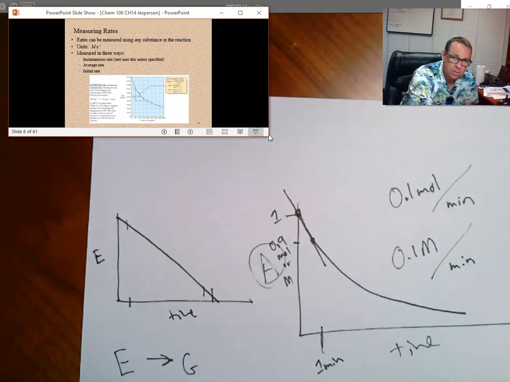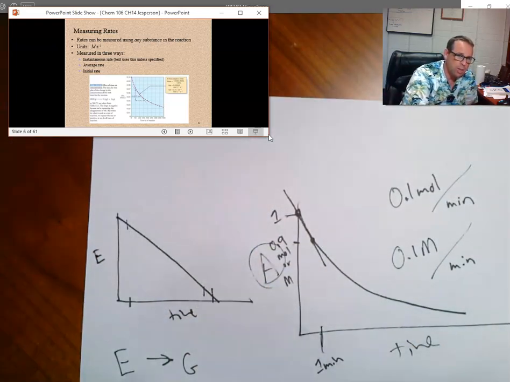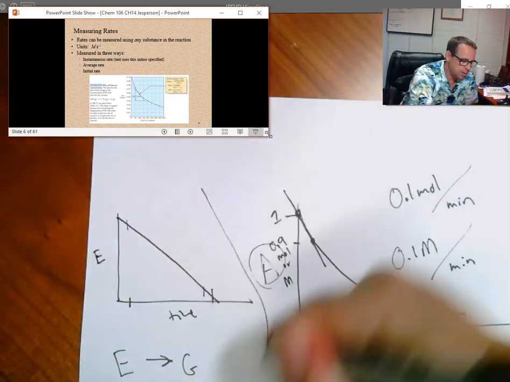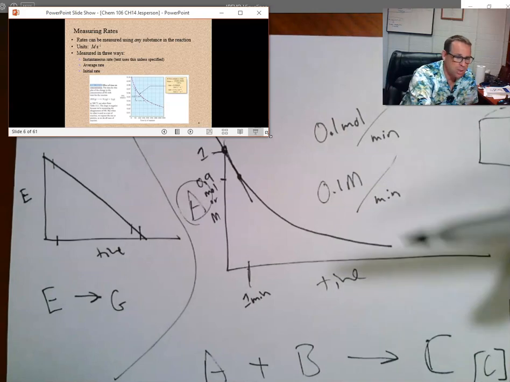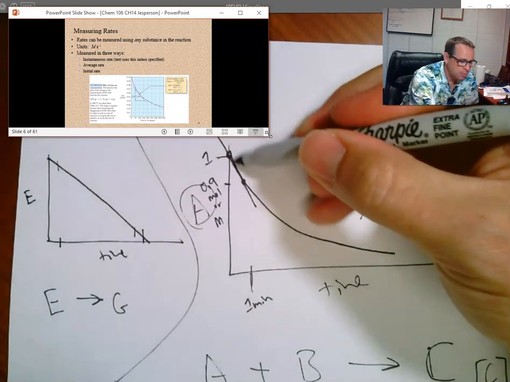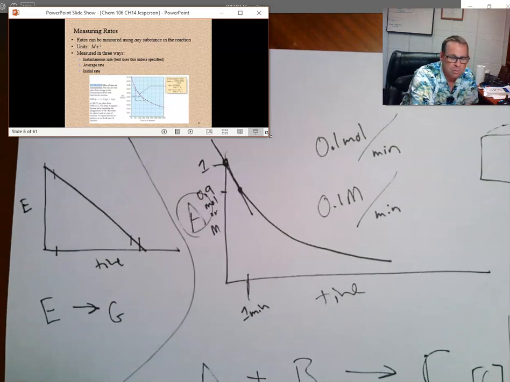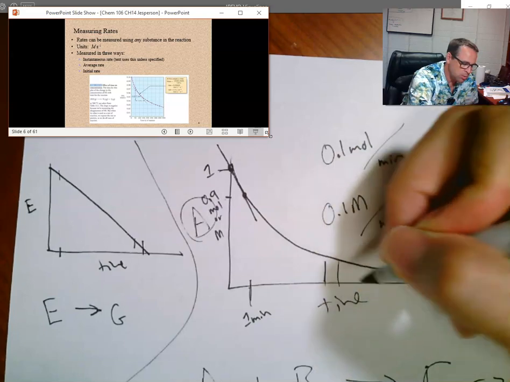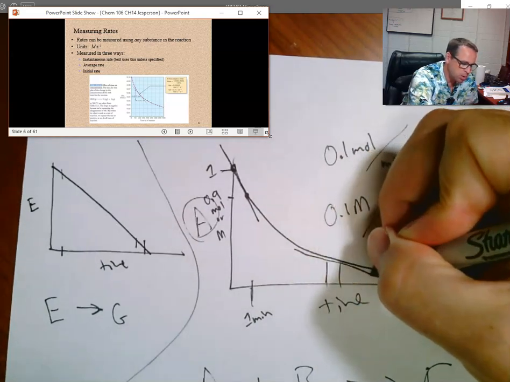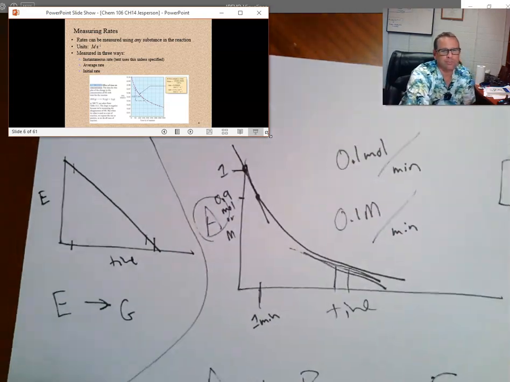The slope is not changing. But for this slope, where A reacts with B to form C, at the beginning of the reaction the rate was whatever that slope is, but down here towards the middle of the reaction, the slope is much shallower, much slower.